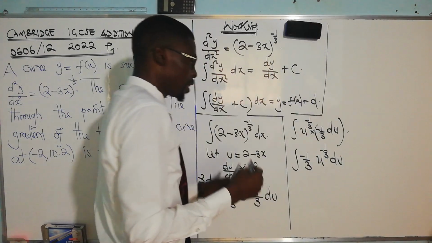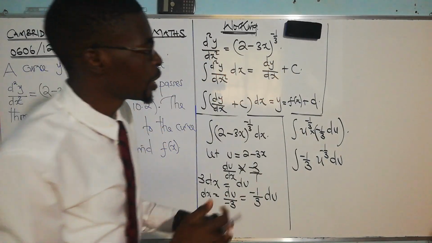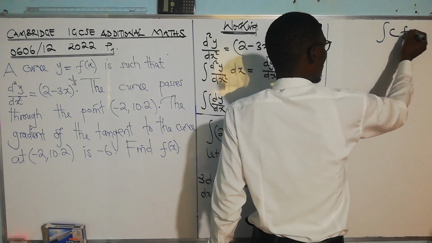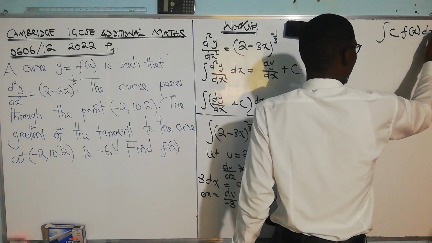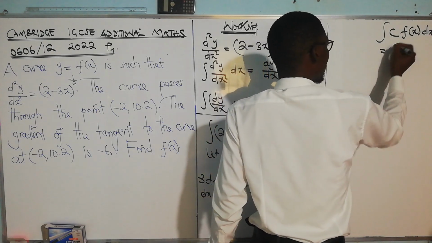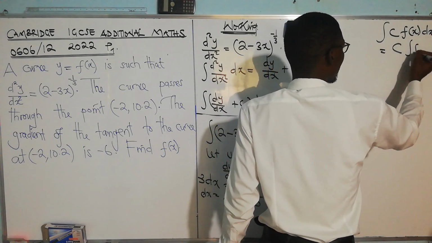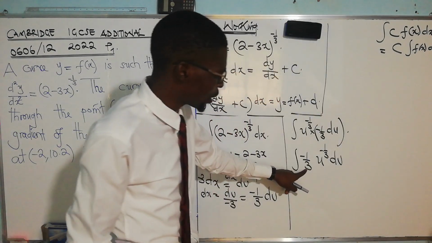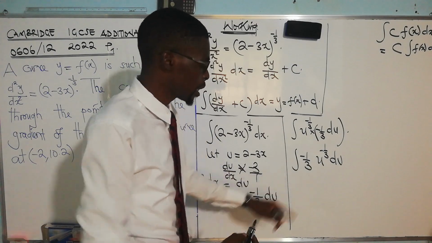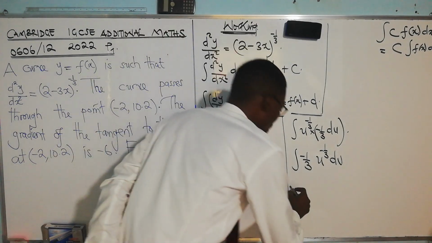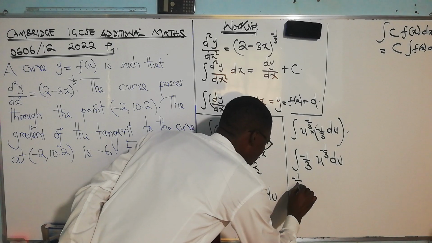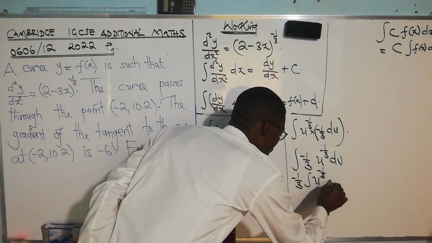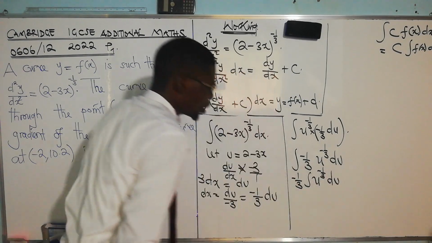One of the properties of integration of a function is that the integral of c times f of x with respect to x is going to give you c outside, then the integral of f of x with respect to x. So what we have here, our c is a constant, negative 1 over 3. It can be brought outside the integral so that you just have negative 1 over 3, then the integral of u to the power negative 1 over 3 du. That's what we're going to have.